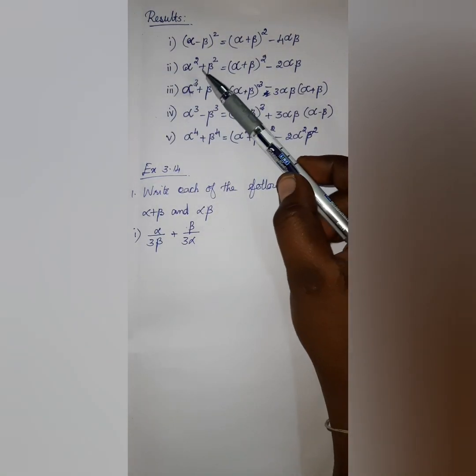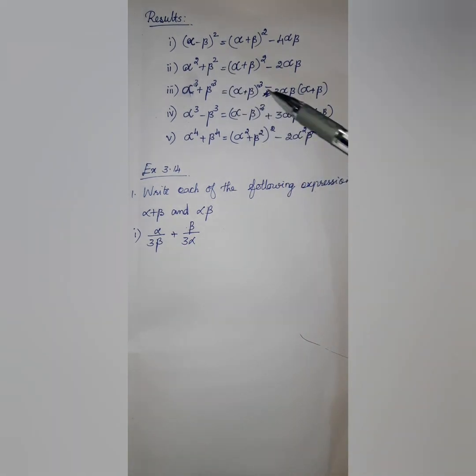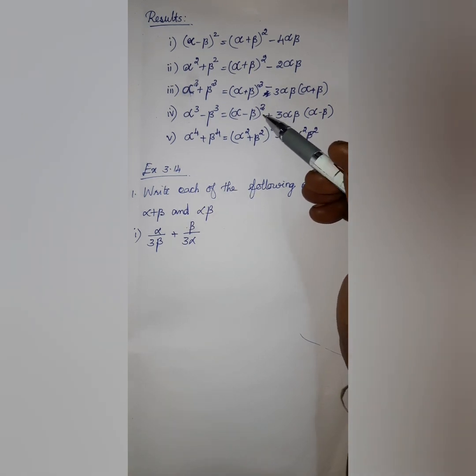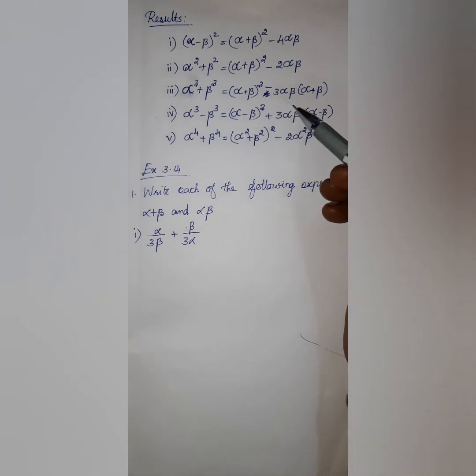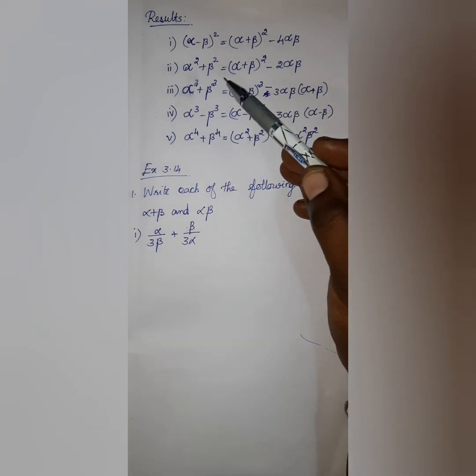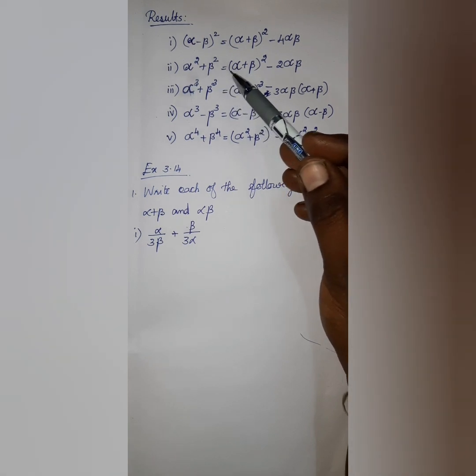Students, along with the sum of the roots and product of the roots, we have to learn these 5 results also. These all are based on the identities we learned earlier: a plus b the whole square, a minus b the whole square, a square minus b square. From those identities we deduced all this, but instead of a and b, here we choose alpha and beta. Only that is the difference.